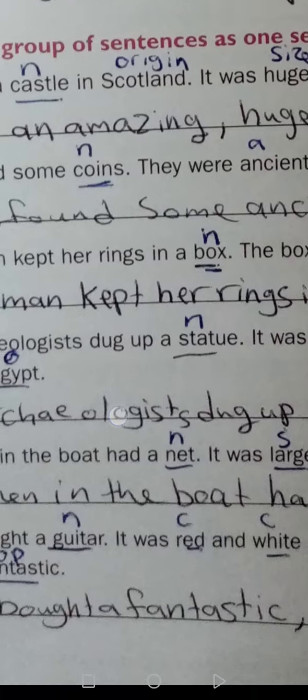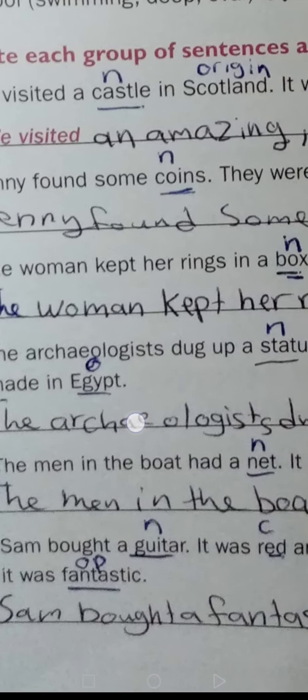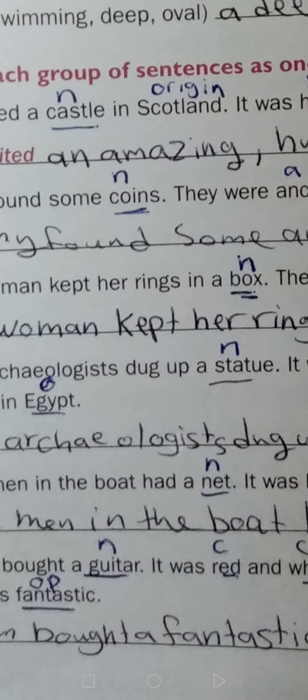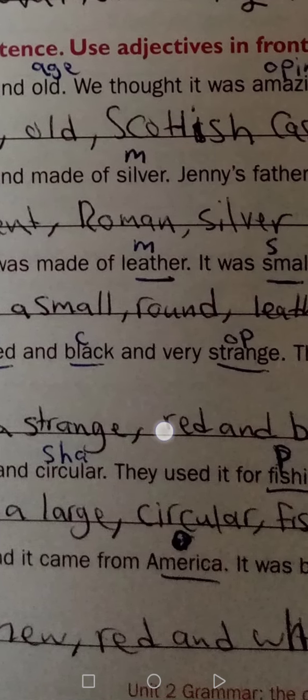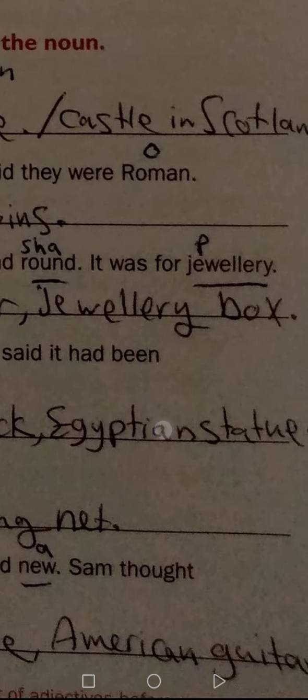The color comes before the origin. فبحكي: the archaeologist dug up a strange red and black Egyptian statue.